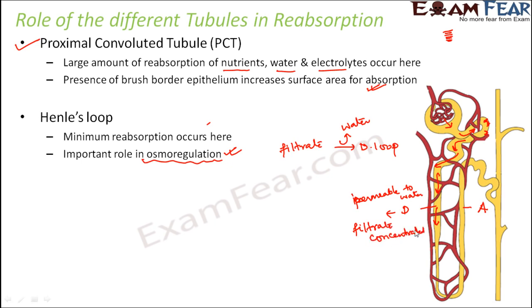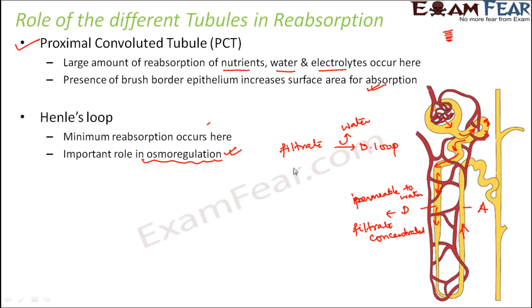But when the same filtrate enters the ascending loop, the opposite process happens. In the ascending loop, the same filtrate will tend to lose ions. When it loses ions, it tends to get diluted.